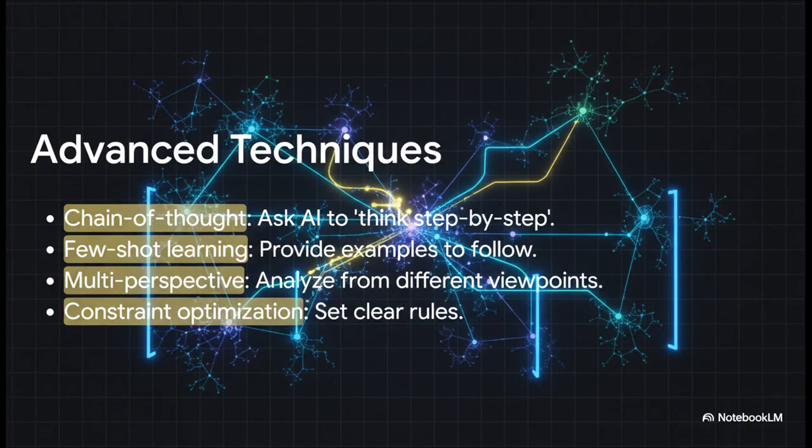Now, for the really complex tasks, we need to upgrade our toolkit. Chain of thought forces the AI to show its work, which drastically reduces errors in logic. Few-shot learning is basically like giving the AI a cheat sheet with perfect examples to follow. These aren't just tricks, they're methods for unlocking a much deeper level of reasoning.